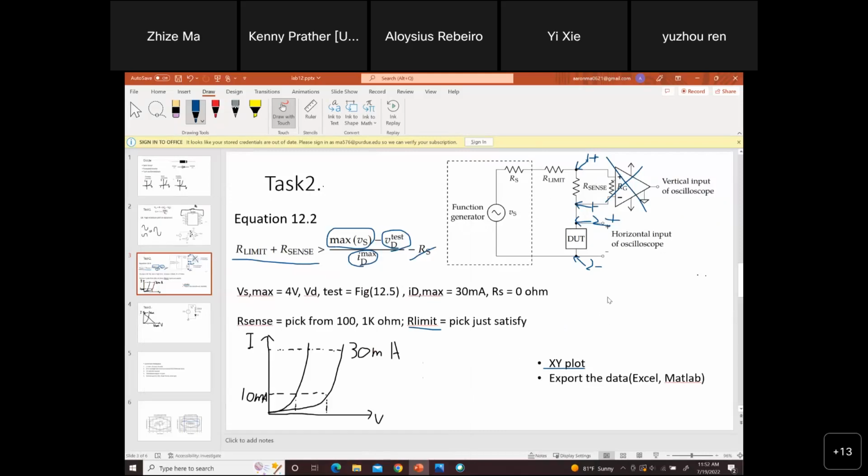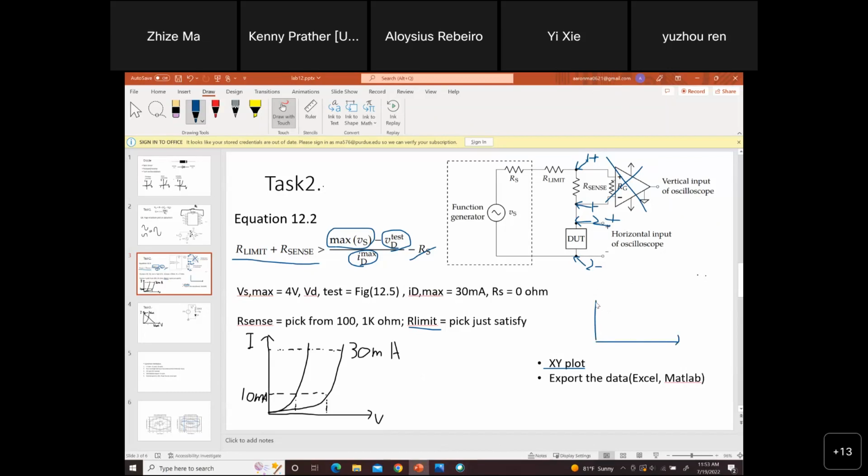If you remember correctly, you use one of the channels as the X axis and another channel as the Y axis. Ideally, channel 1 should be the X axis and channel 2 the Y axis. So the horizontal input should be the X axis, and the vertical input should be the Y axis.